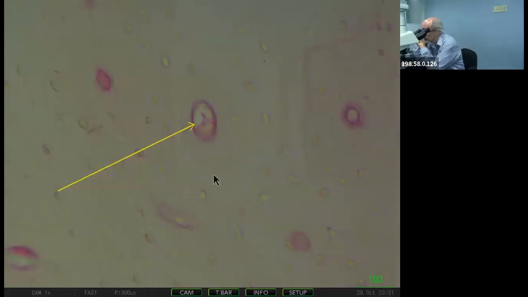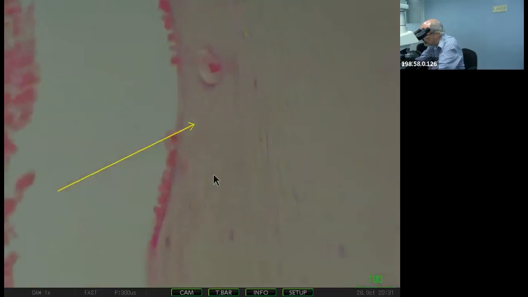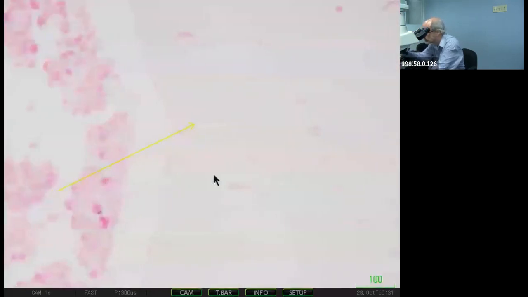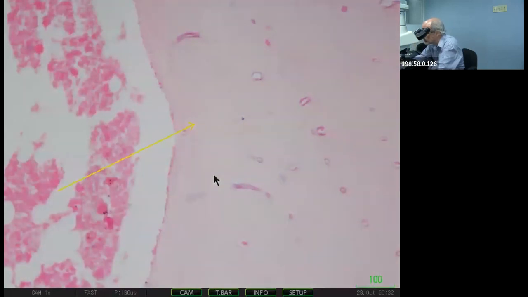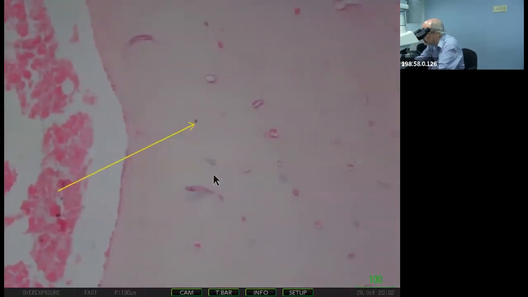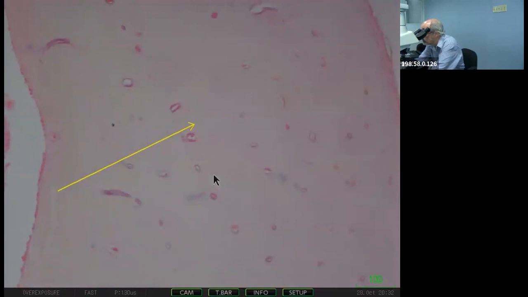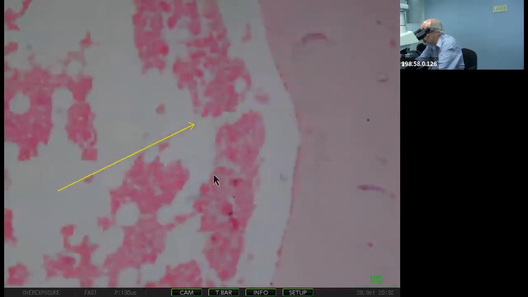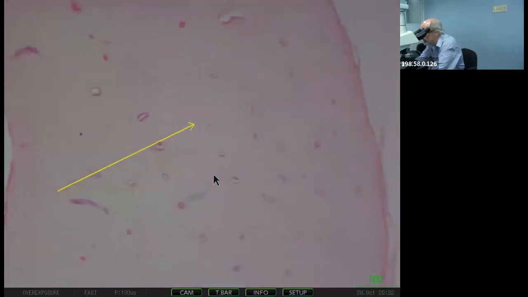Compact bone. If I show you this area here, what could it be? It's a bone. So you have your cancellous bone here, or spongy bone, and you will have your compact bone here.